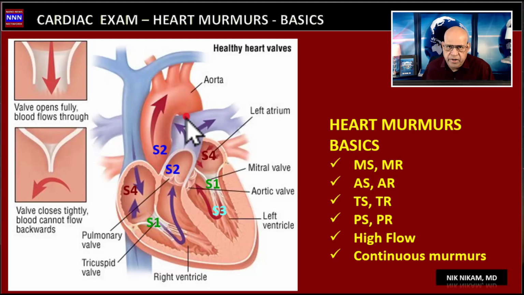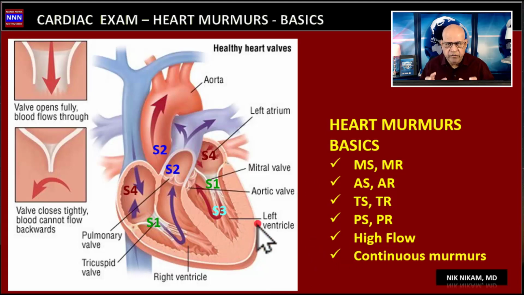And if the patent ductus arteriosus is open, then you're going to hear a continuous murmur, and the heart sounds may be muffled. Okay, that is the basis of these murmurs and their origins.